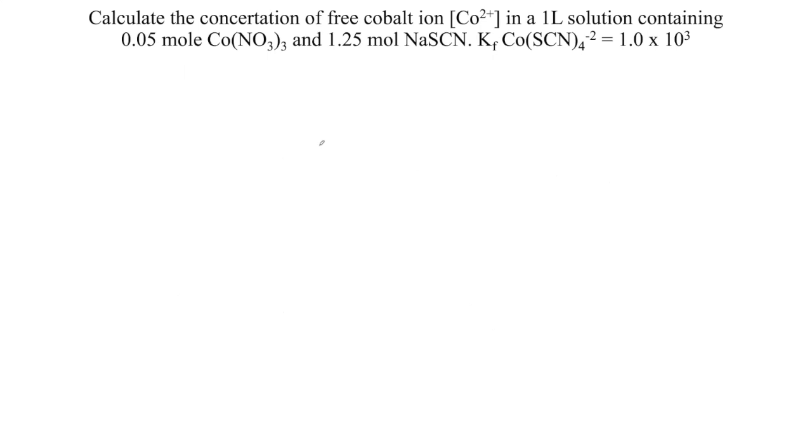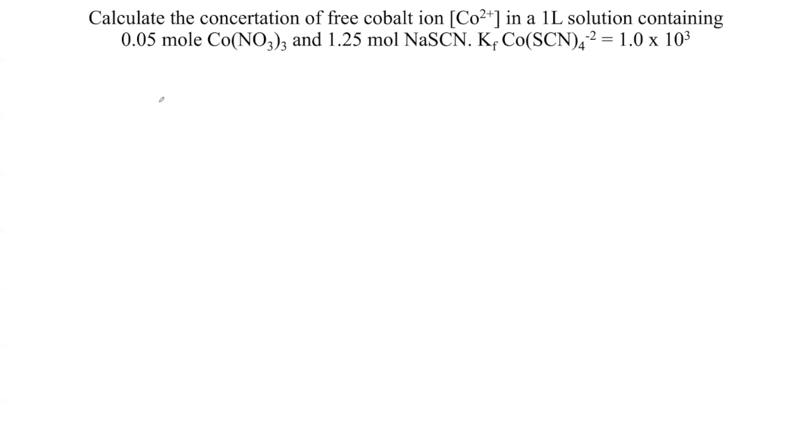What we want to do first is technically not at equilibrium, because we're going to consider how much of the starting materials we have, and based off of that, we will be able to determine how much of that complex we have to start off with that will then be at equilibrium. I'll explain this as I go, but this first ice table is not at equilibrium, it'll tell us how much there is to start off.